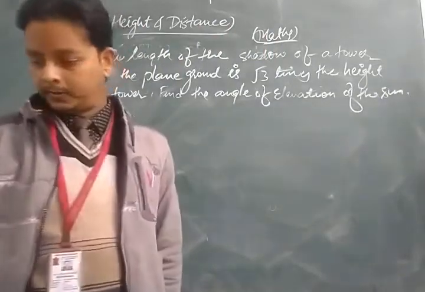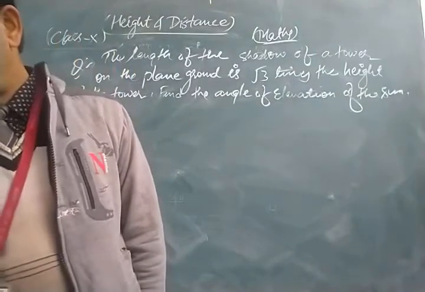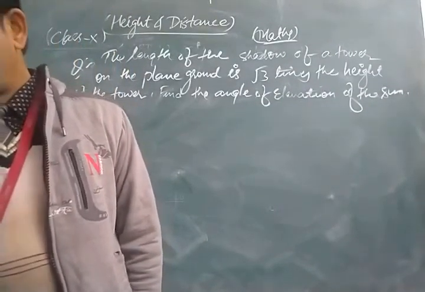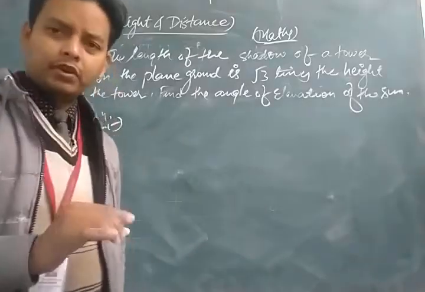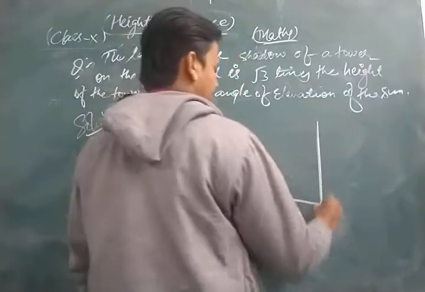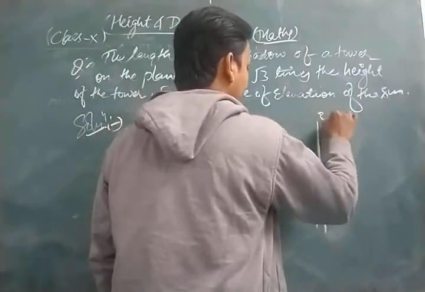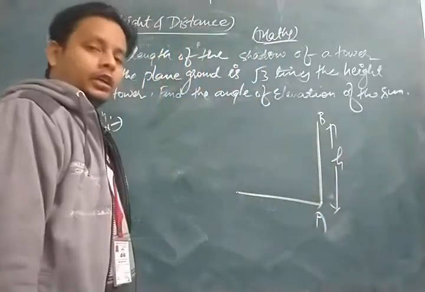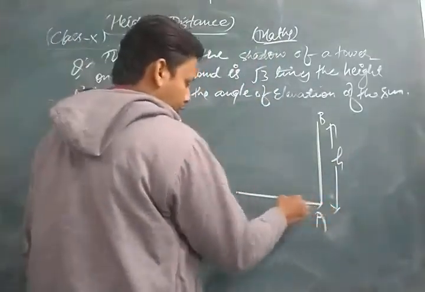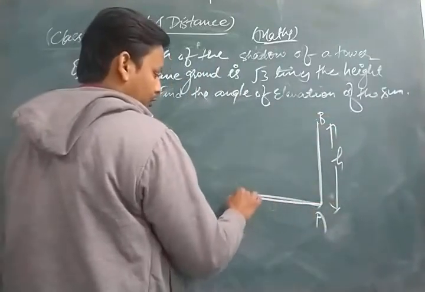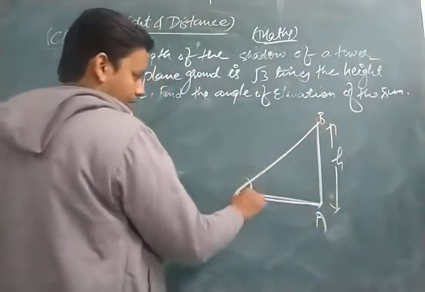Now look. First of all, we draw a horizontal surface. Let AB be the tower with height h, and the length of its shadow is AC. Now this is the angle of elevation.